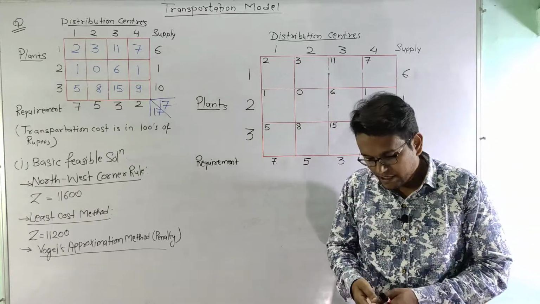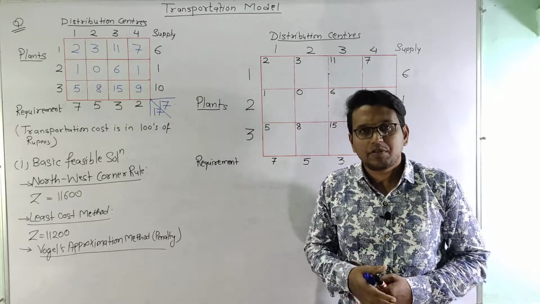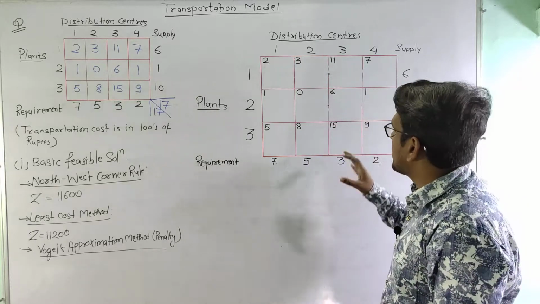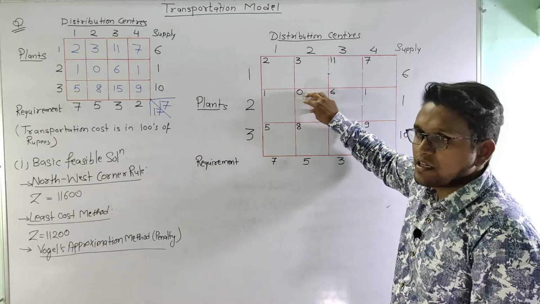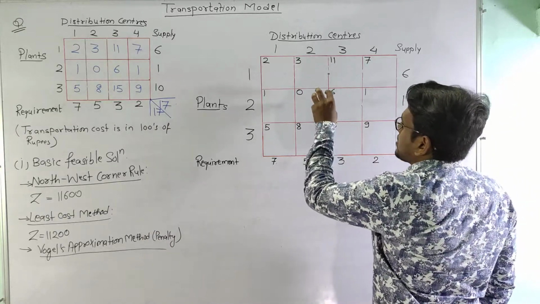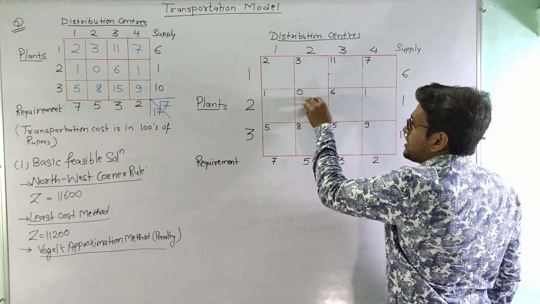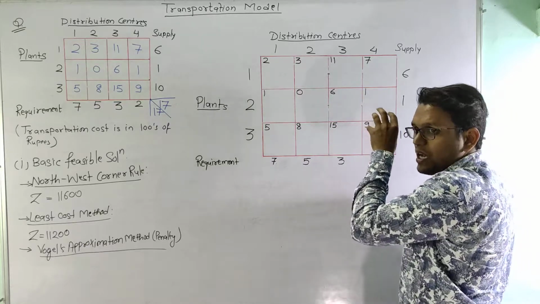And why do we take it? Because in the previous method, the least cost method, we took the least value so that maximum allocation can be done, but it does not give any idea of which cell to allocate if the complete allocation has not been done.